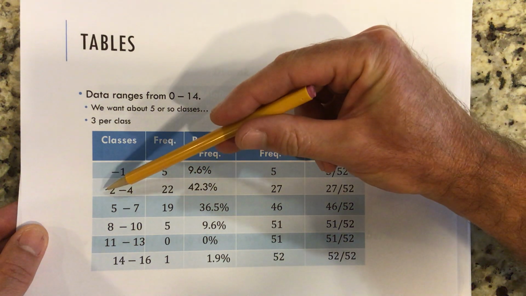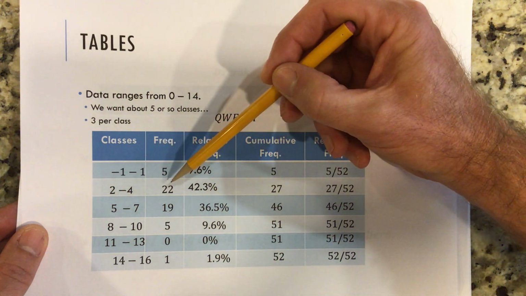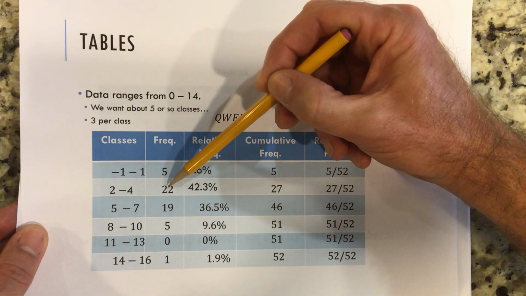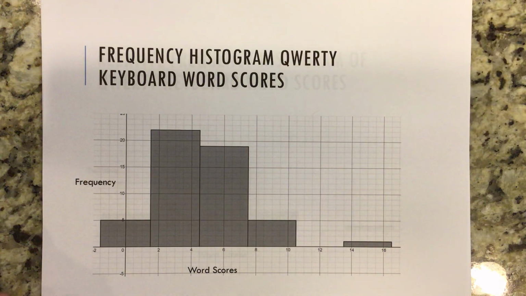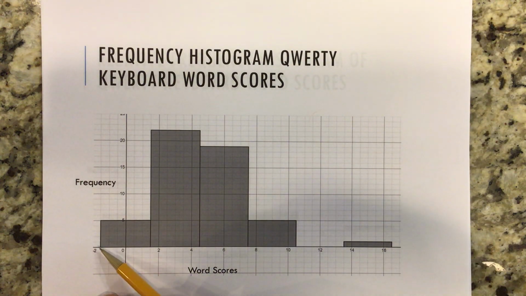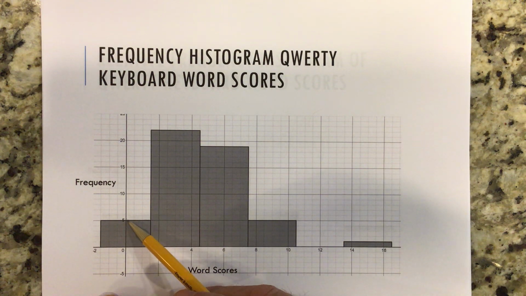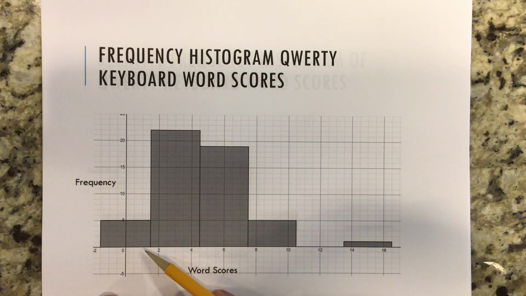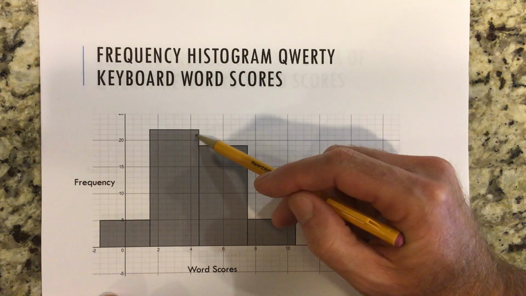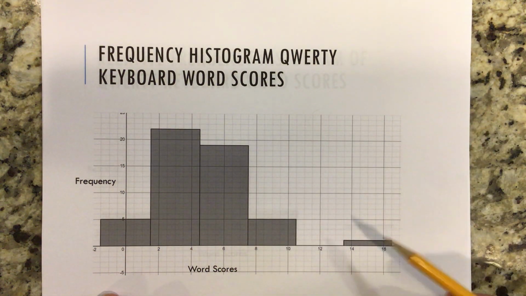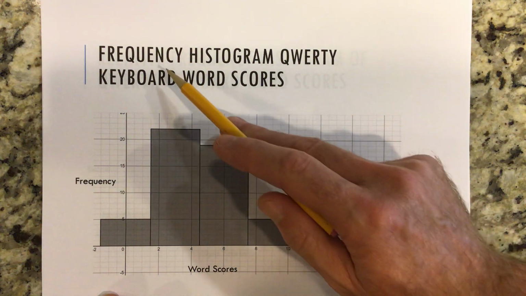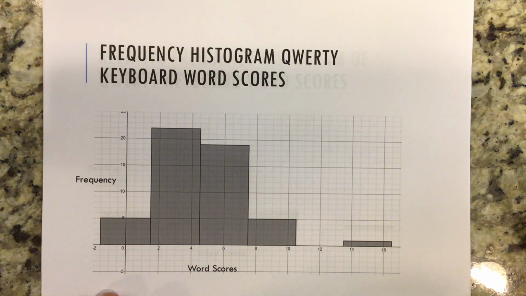Then from 1.5 to 4.5, we're going to make a bar with a height of 22. And we're just going to continue doing that, okay? So here we are. From negative 1.5 to positive 1.5, we make a bar with a height of 5. From 1.5 to 4.5, we make a bar with a height of 22. And we continue doing that, and we've created a frequency histogram. Pretty simple.